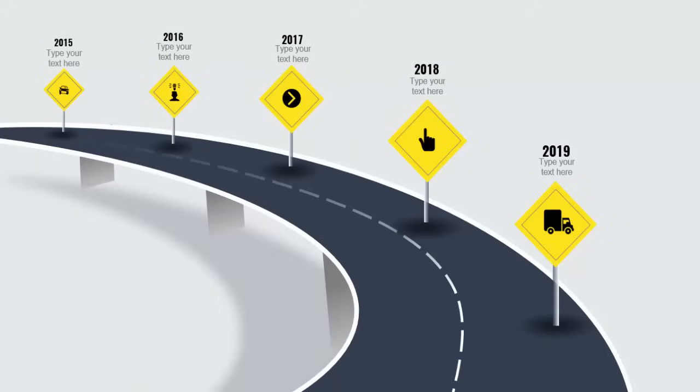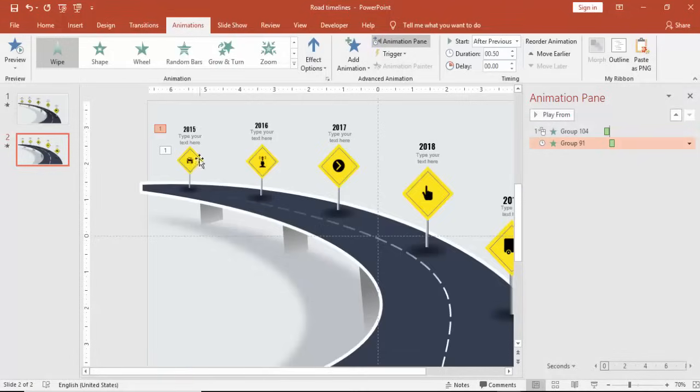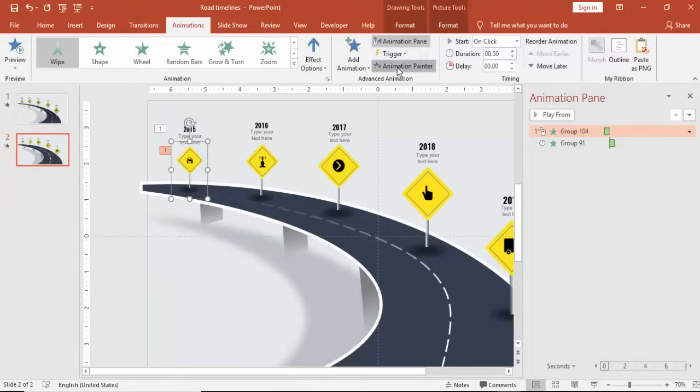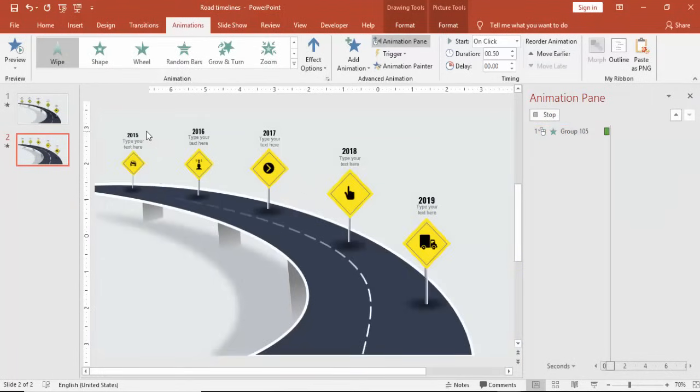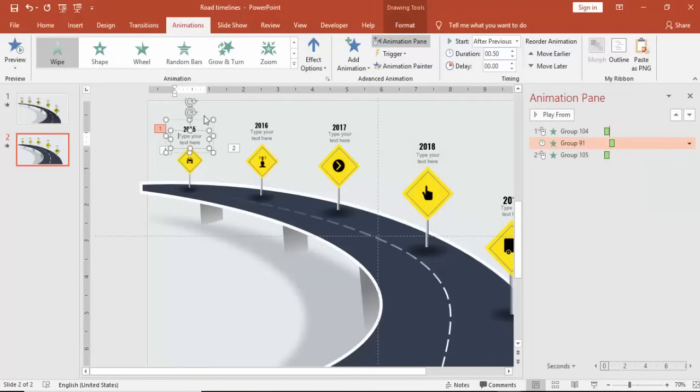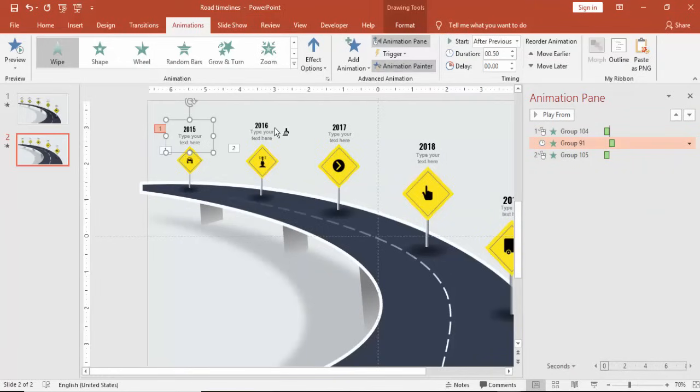After previous, you can see this one. So I'm just going to use the animation painter and going to just copy the animation to the rest of the text as well as the signboards.